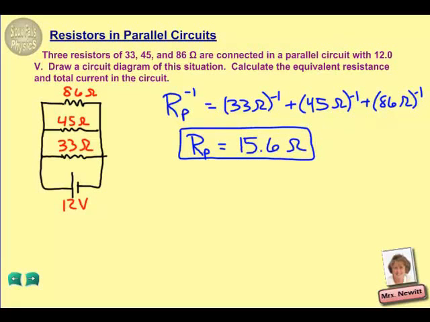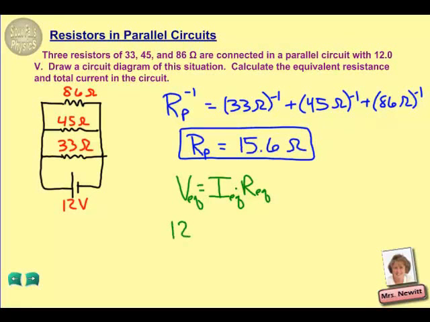Next we need to calculate the total current, and for that we'll go to our equation V equals IR. And remember that when we look at this equation, we can apply it in this case to the entire amounts for the circuit. So we'll put the little substep for equivalent there. That reminds us that we want to use total amounts.